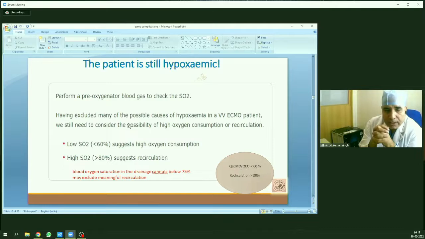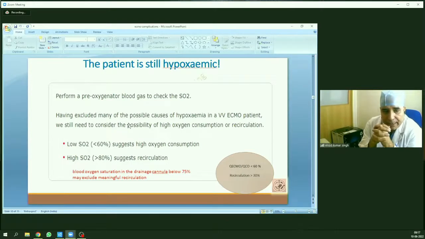You look at the oxygen saturation at the pre-oxygenator, and if you find that it is low, less than 60%, this suggests that your patient is having overutilization of oxygen and a high cardiac output.